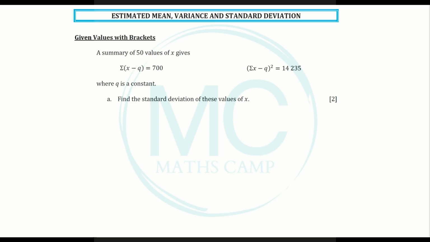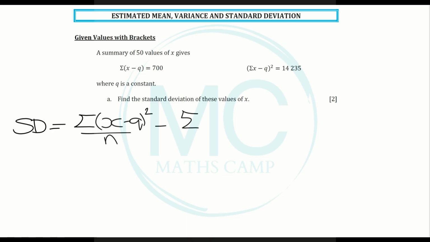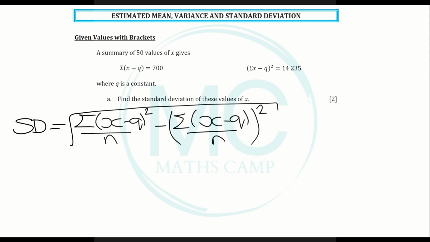To find the standard deviation, we can say that standard deviation is equal to sigma of the square bracket x minus q squared over n minus sigma bracket x minus q over n all squared, under a square root.